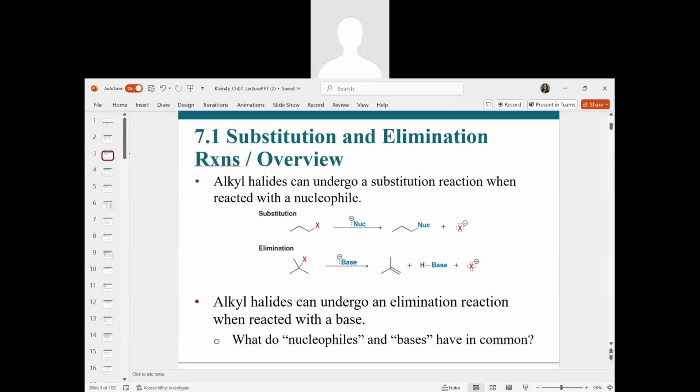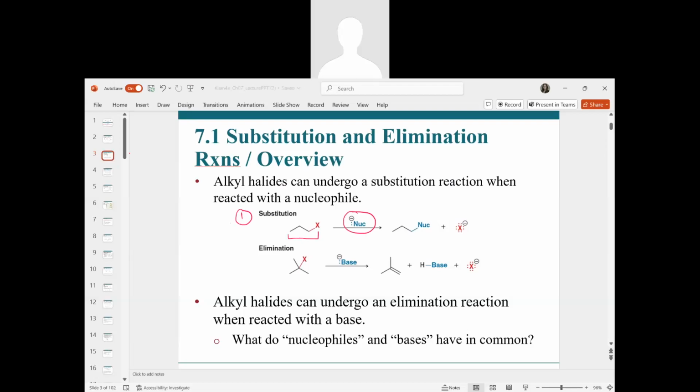So let's take a look here at these two reactions specifically. So first we have substitution shown here. And this is just a general structure of our alkyl halide. So we see in the black our carbon atoms, and the red X indicates our halogen. Then with substitution, we have what's termed here a nucleophile.